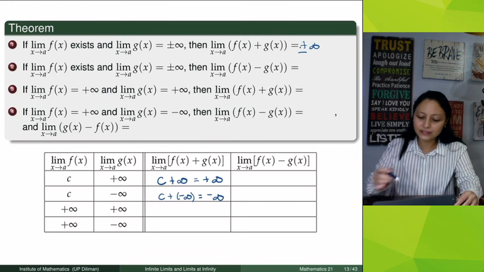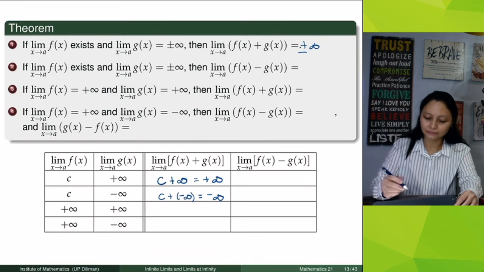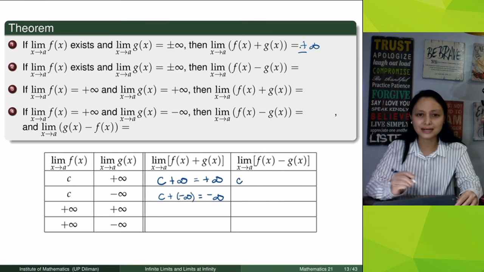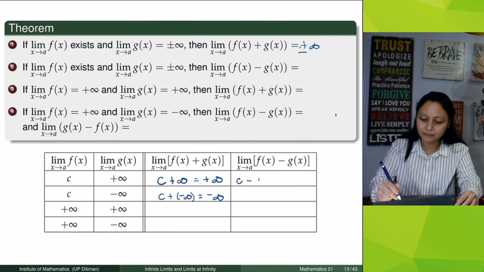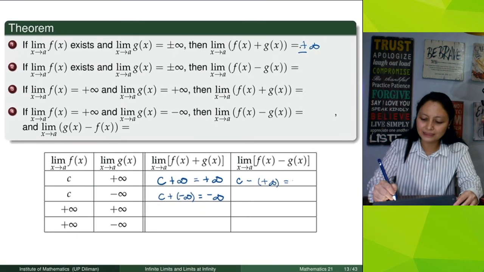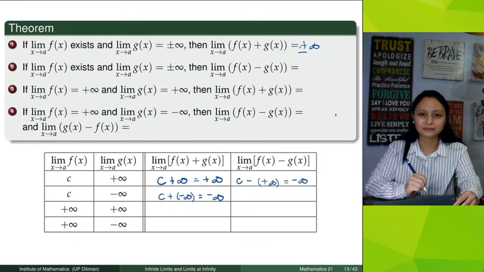Now, for the difference, ganun din. The limit of f as x approaches a is c. This time, we subtract positive infinity. C minus a very large number, you get negative infinity.